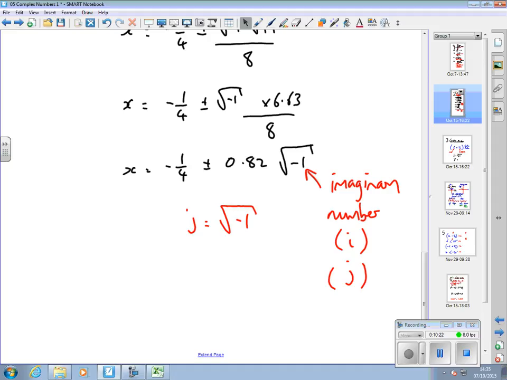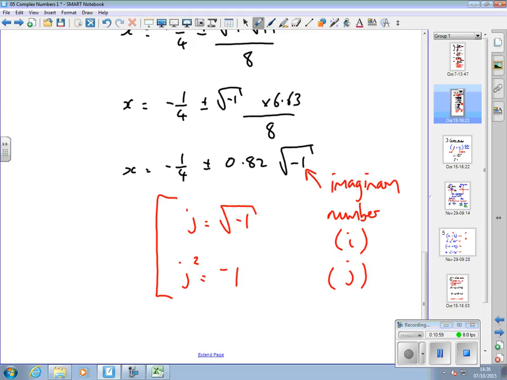So if I square j, whatever the square root of minus 1 is, if I multiply it by itself, it gives me minus 1. So what's j squared? Not 1. Minus 1. Whatever that number is, which doesn't exist in the real world, it's an imaginary number, if I square it, I get back to minus 1 because of the definition.